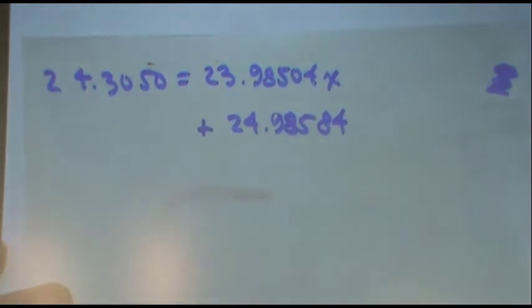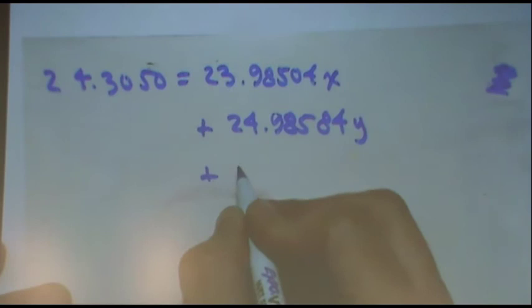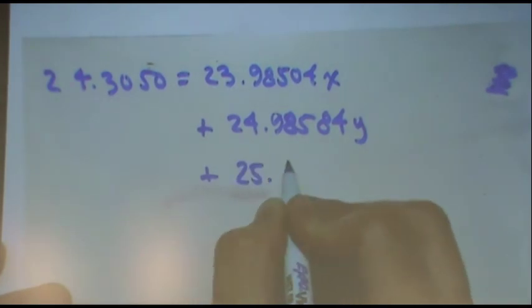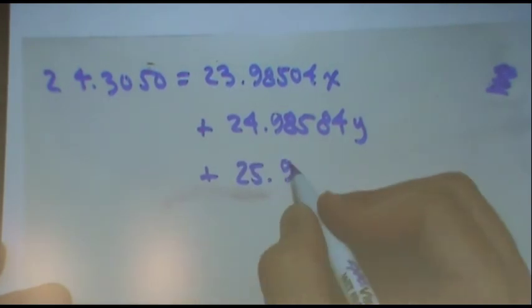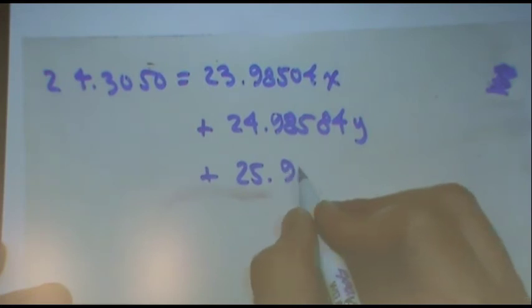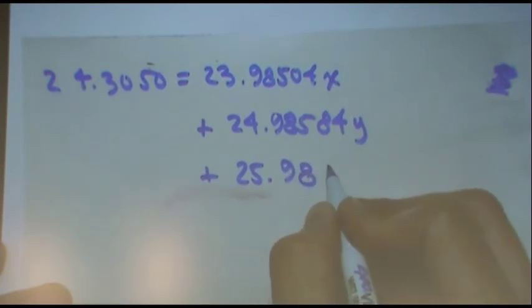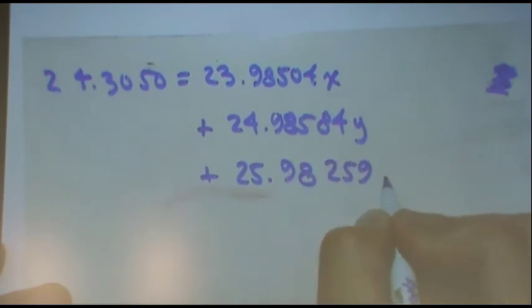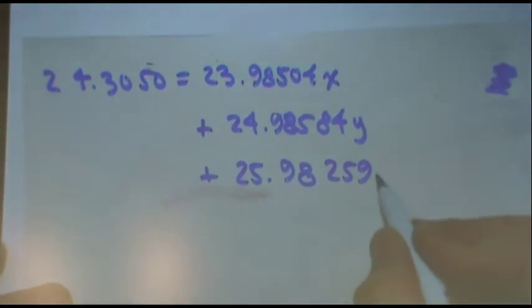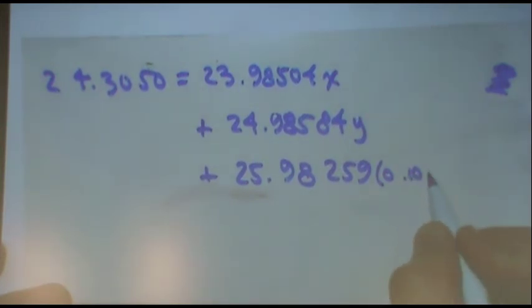We also don't know its percent abundance. Let's say it's Y. And then the third one is 25.98259. Its percent abundance is given, 10%. I'm changing it to a fraction, 0.10.